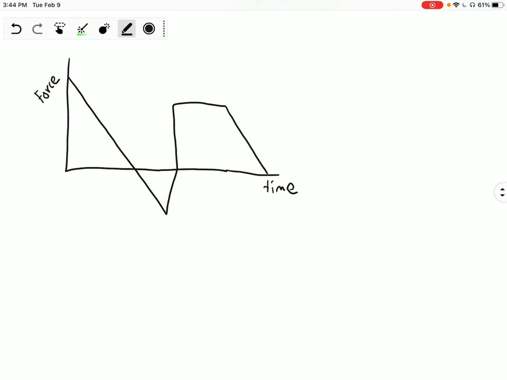But this makes the math easier, because you just have to calculate the area of triangles, rectangles, and little triangles. So the area under this curve would be shape 1 plus shape 2 plus shape 3 plus shape 4.